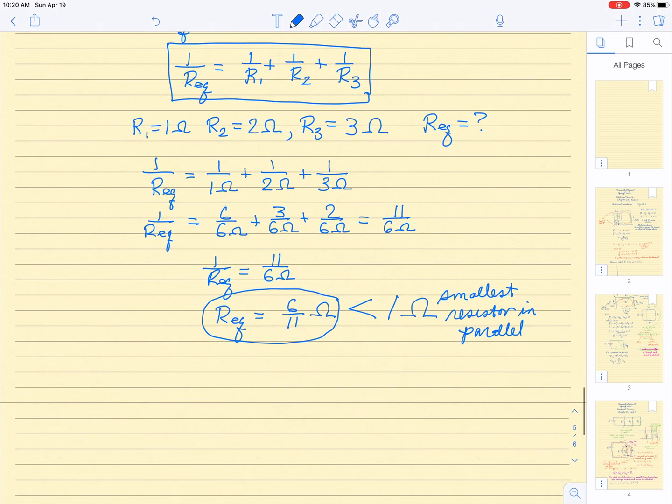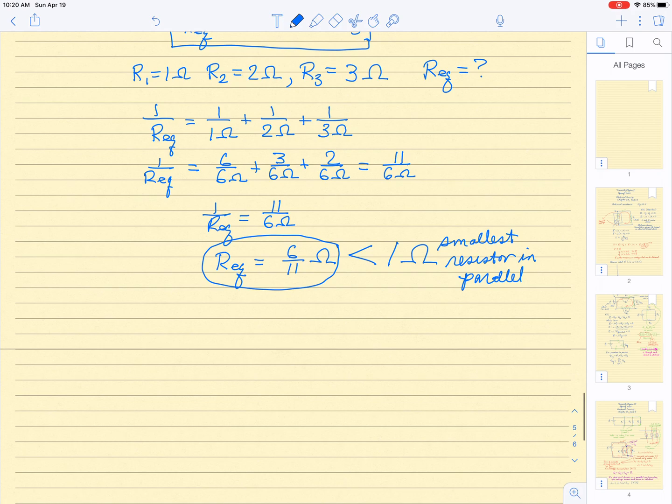Okay, beautiful. And in general, we can write that 1 over R equivalent is 1 over R1, 1 over R2, all the way out to 1 over Rn. We can write that in summation notation.